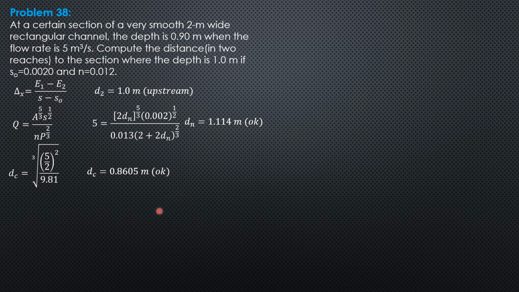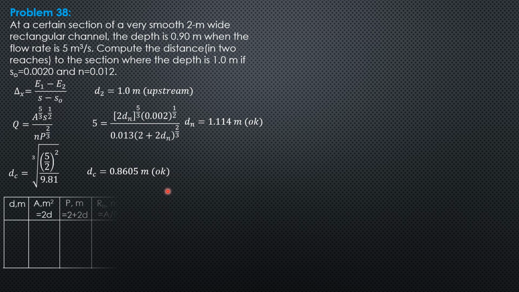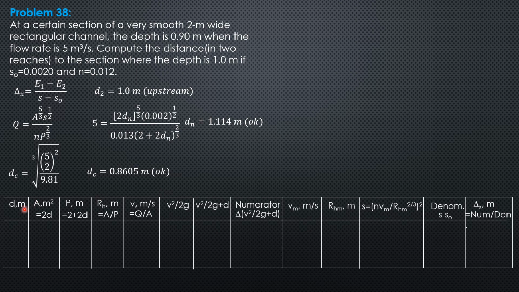So let's continue with our solution by tabulation so that our solution will fit in this screen. So let's have the depth, the area, which is just 2 times depth, perimeter, width plus 2 times depth, hydraulic radius, area over wetted perimeter, velocity Q over area, then velocity head plus depth as energy, then the numerator, which is the difference of the energies of the two sections.